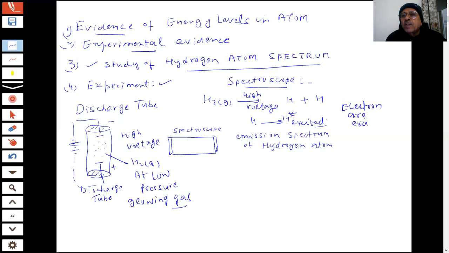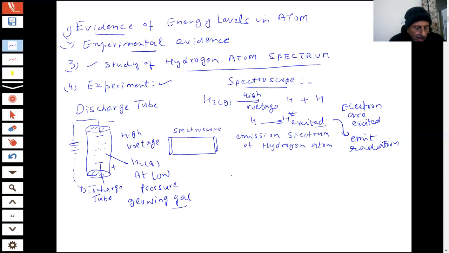And they will exist in the excited state only for a very short period of time, students, 10 minus 8 seconds only. After that, they will fall back to the ground state, the lower state, and they will emit radiation, the light we are talking about. And that is what we are recording in the spectroscope. The emitted radiations, when the atoms are excited and fall back, we record in the spectroscope. Got it?